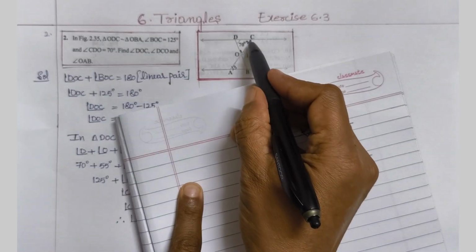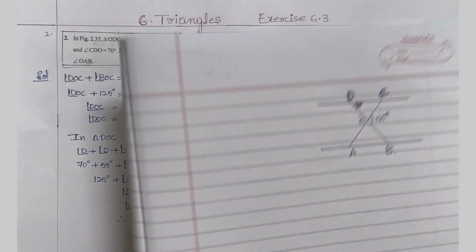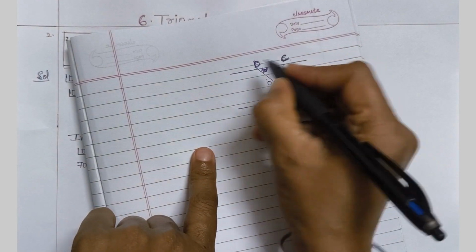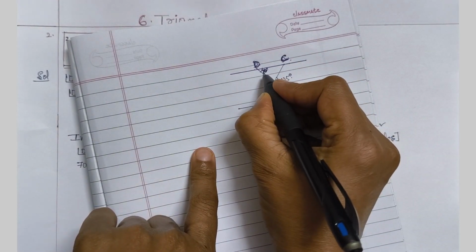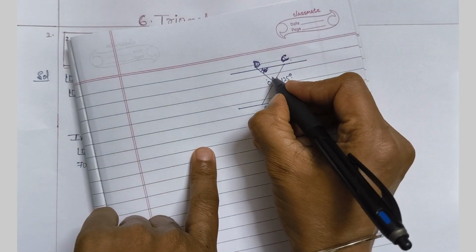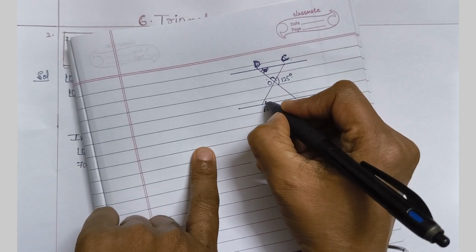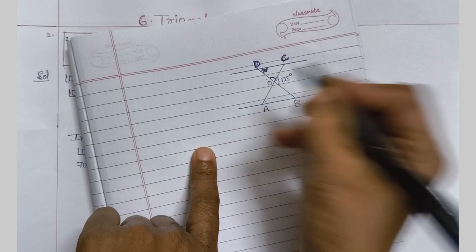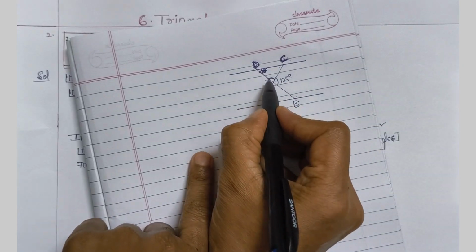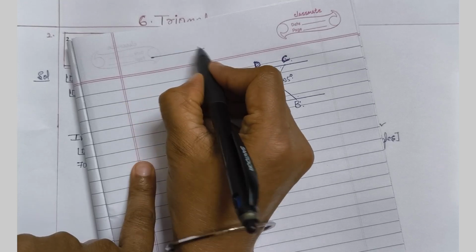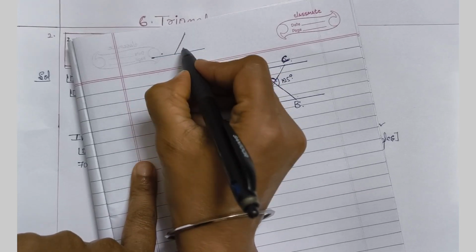Now we will find this angle. Carefully observe. Here a linear pair is there. Linear pair means one straight line is there, and it divides into 2 parts.